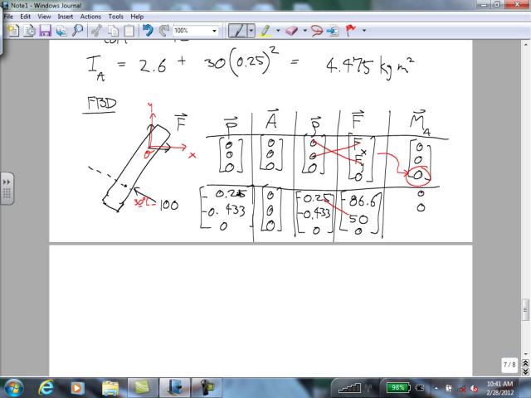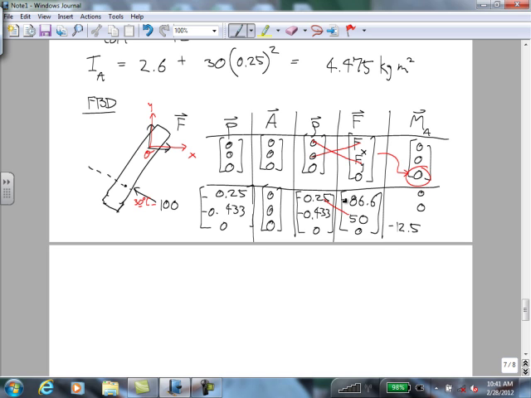So take the cross product. We have negative 1/4 of 50. This is going to be in the z direction. So negative, what's that, 12.5?